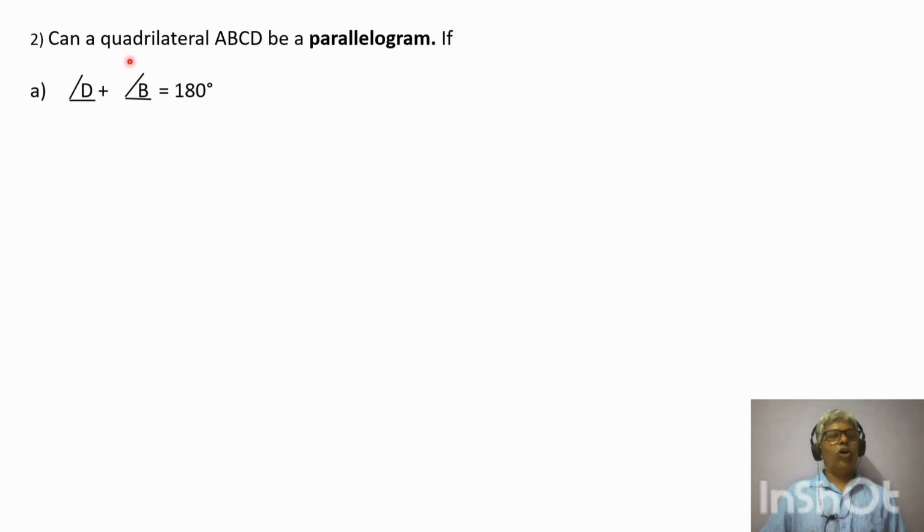Can a quadrilateral ABCD be a parallelogram if angle D plus angle B is equal to 180? We have to check whether this quadrilateral with this condition can be a parallelogram or not. Follow this for the answer.